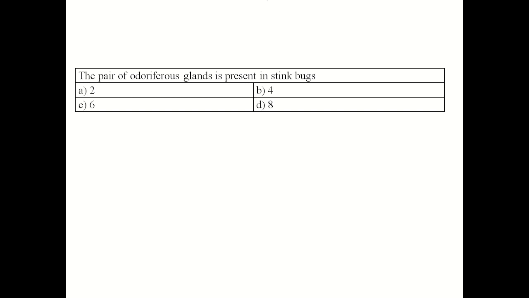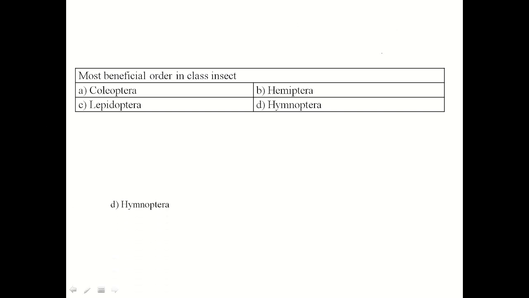The pair of odoriferous glands present in stink bugs: stink bug has 4 pairs of odoriferous glands. Most beneficial order in class Insecta is Hymenoptera.